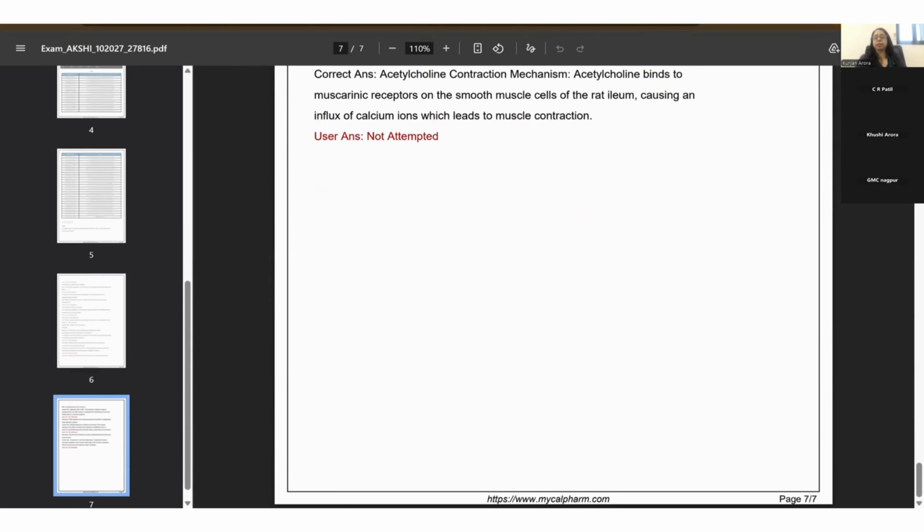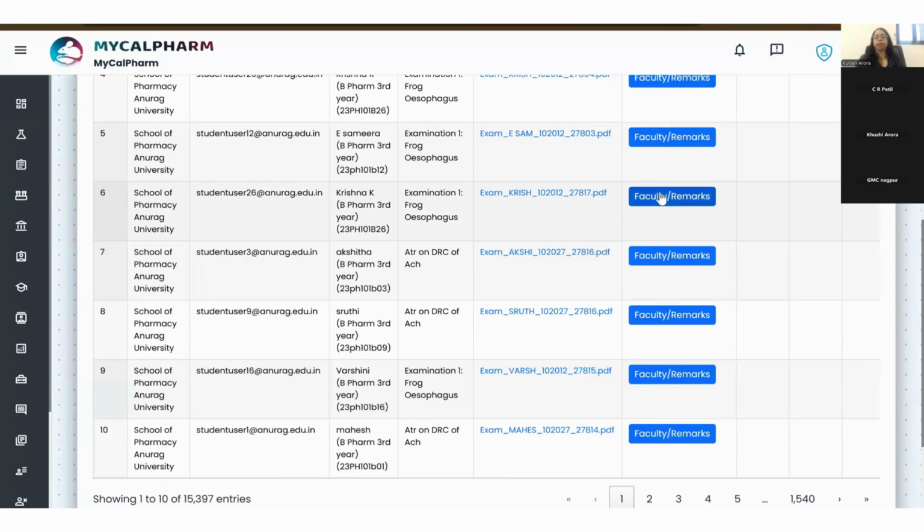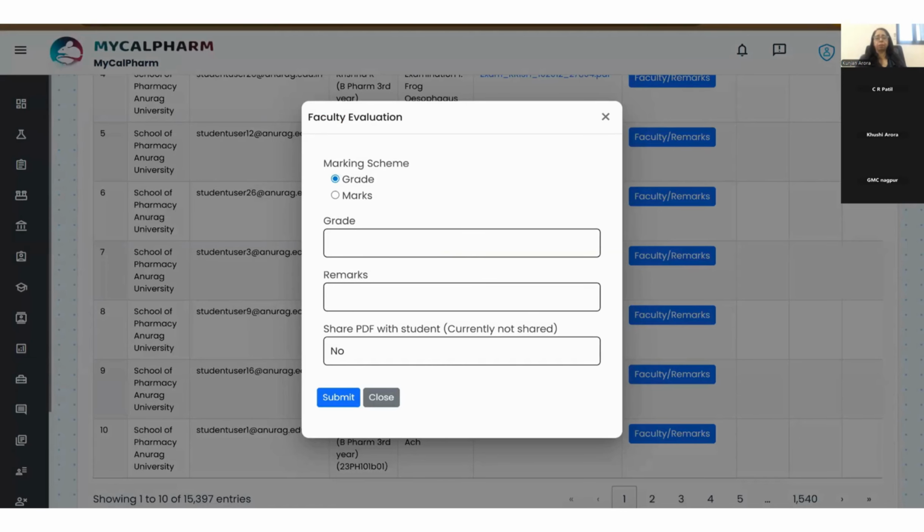So by seeing the report, the faculty will be able to give them marks or remarks according to what the student has done. The examination report will go only to the faculty's account, and the student will not have access to the examination report.